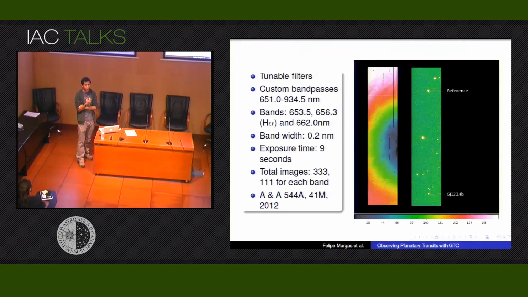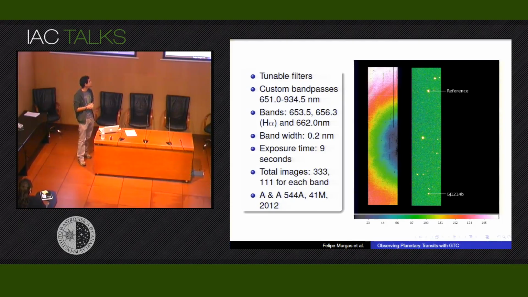Since one of the models says that there could be a lot of water vapor in the atmosphere of GJ1214, we chose to observe near H alpha, with the hope that the water molecules could be destroyed by the flux of the star, releasing hydrogen, so we can try to detect a feature at that wavelength.